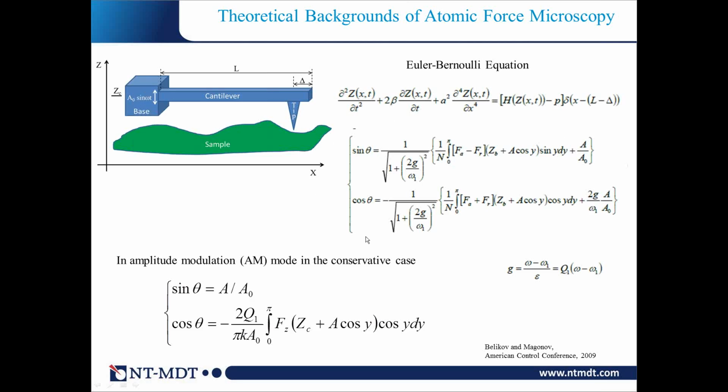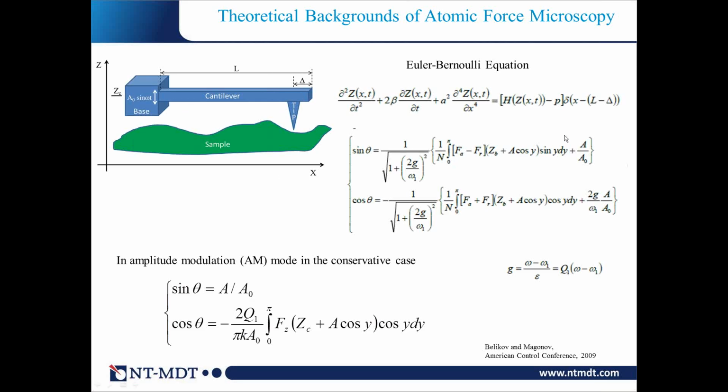Then the main solution describes the dependence of the dynamic properties of the cantilever, like amplitude, oscillation phase, and frequency, on the tip-sample interactions, which are included here as approach and retract, because when the tip is coming to the surface and then coming back in oscillatory mode, the forces are changing, they can be different, and so on.